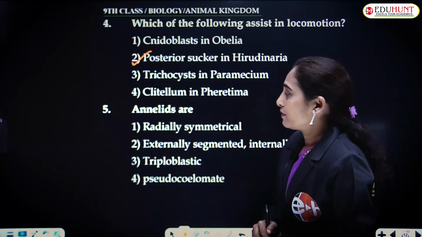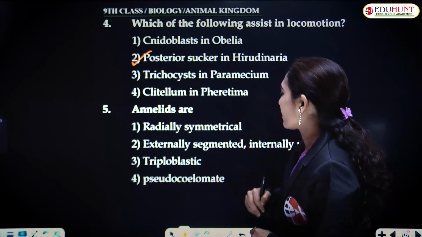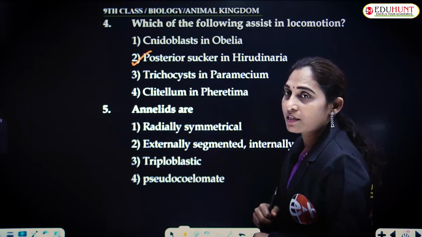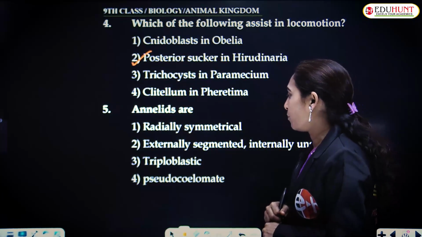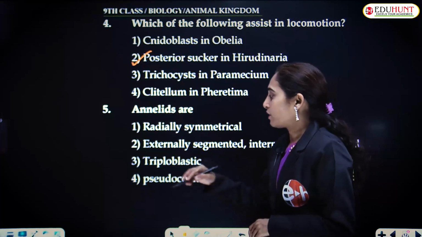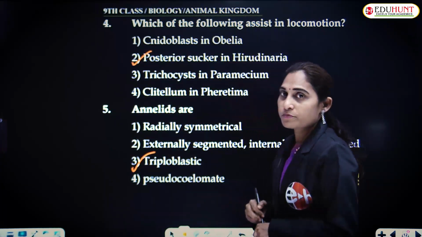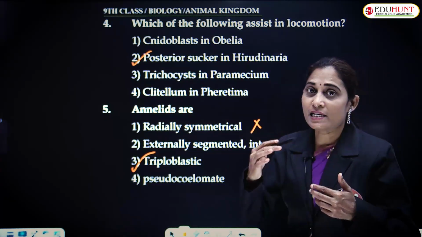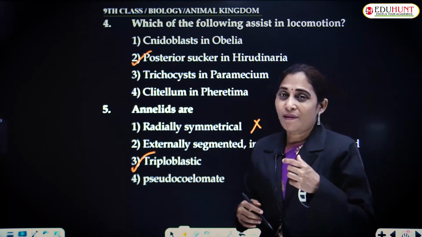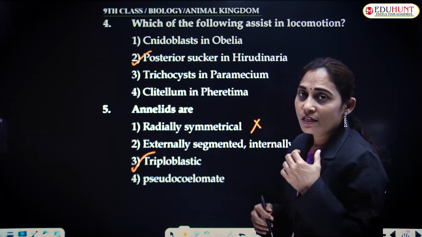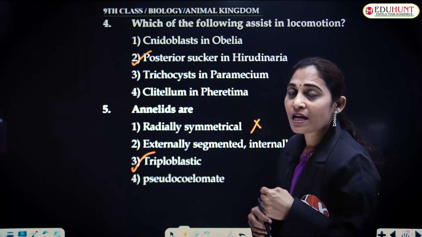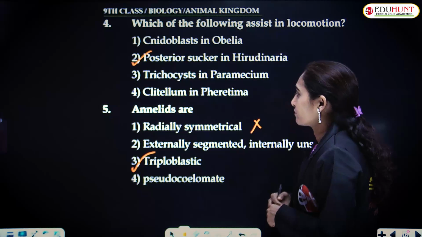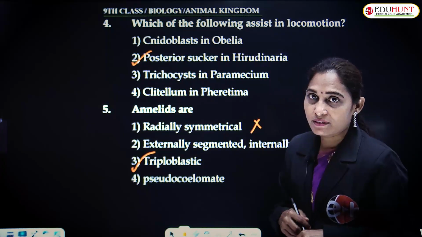Annelids are radially symmetrical, externally segmented and internally unsegmented, triploblastic, pseudocoelomate. Among these 4, triploblastic is the right option. Why? Because these are not radially symmetrical, these are bilaterally symmetrical. From Platyhelminthes onwards, the body symmetry is bilateral symmetry.